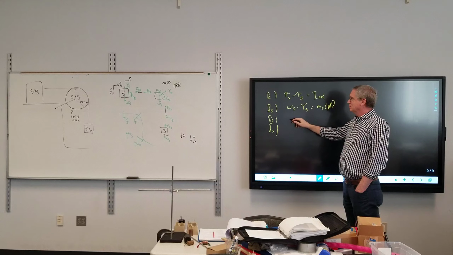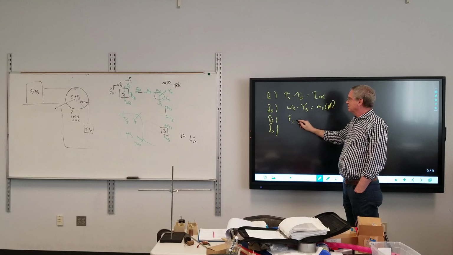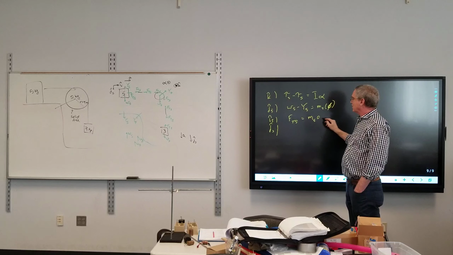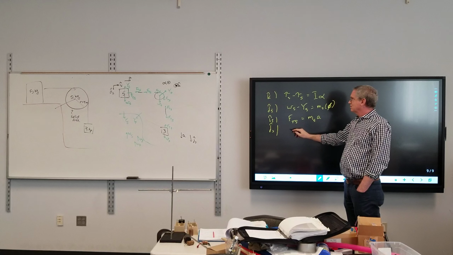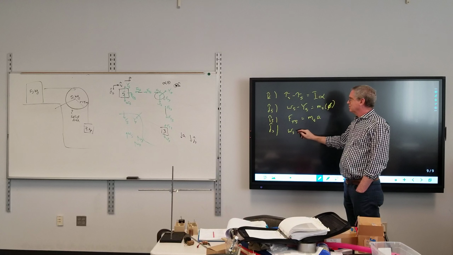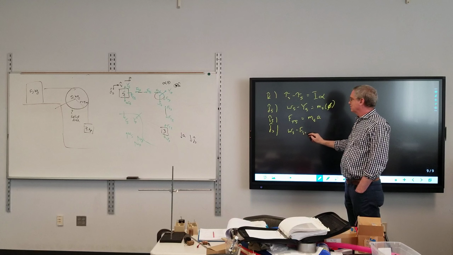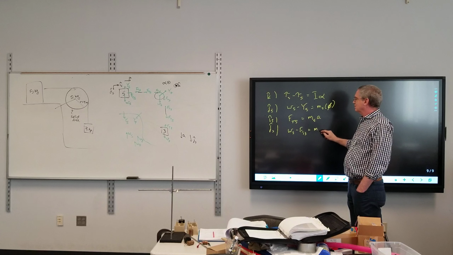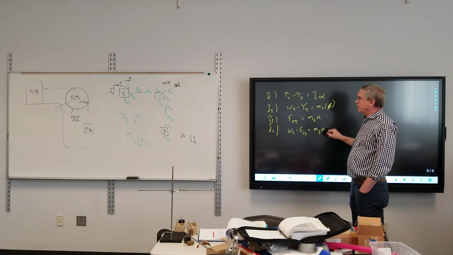It's FT5 equals M5A. Okay, W3 minus FT3 equals M3A.